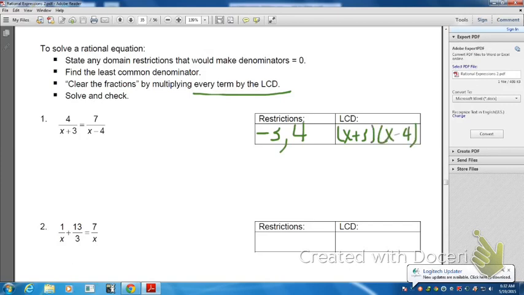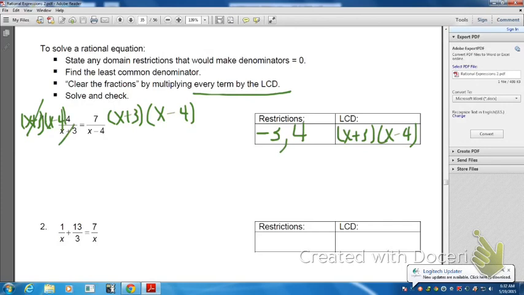Now we're going to go back and multiply both. We have two expressions here, one on the left, one on the right. We'll go back and multiply those with that common denominator, the x plus 3 and the x minus 4 on both sides. And as you see, what's actually going to happen here is this x plus 3 on this side will cancel.